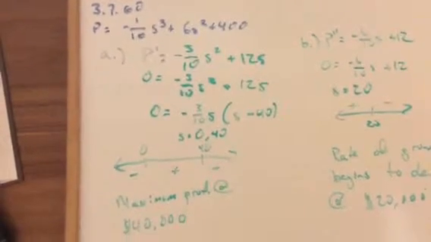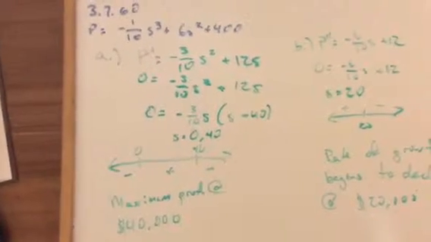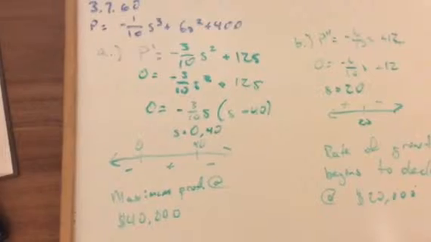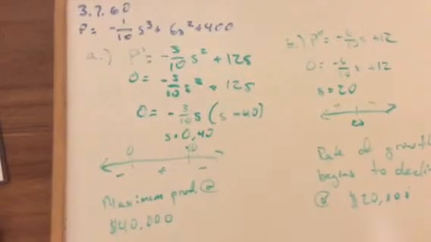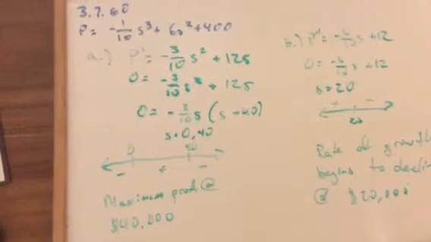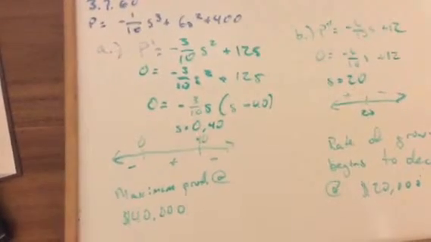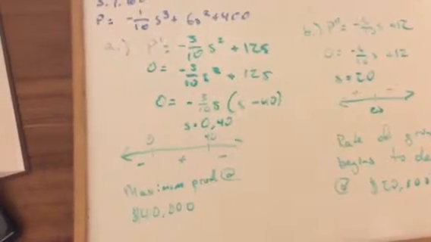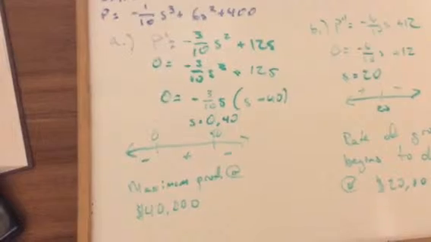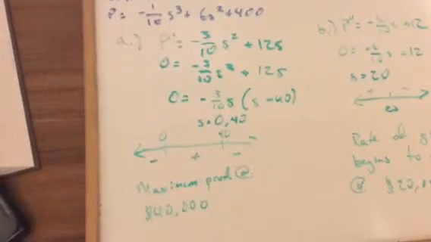So because the derivative before 0 is negative and the derivative after is positive, that means that at 0 there is a relative minimum, whereas at 40, because the first derivative goes from positive to negative, there exists a relative maximum here. Therefore, the maximum profit for the company is at $40,000 spent on advertising.